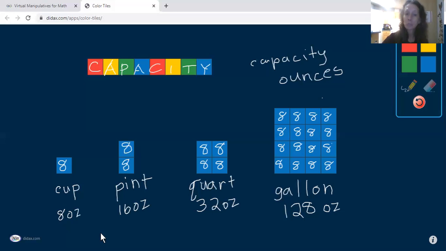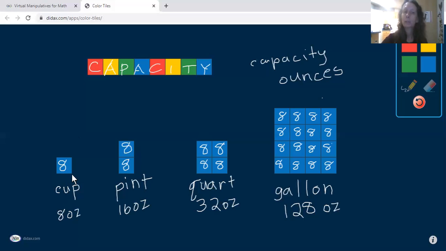But this was a good one, and I like this manipulative because I especially like that you're writing with white on the dark. I think that's kind of a change. All right. So if we can remember that cups and pints and quarts and gallons are all broken down into ounces, and they really usually do it in increments of 8 ounces.